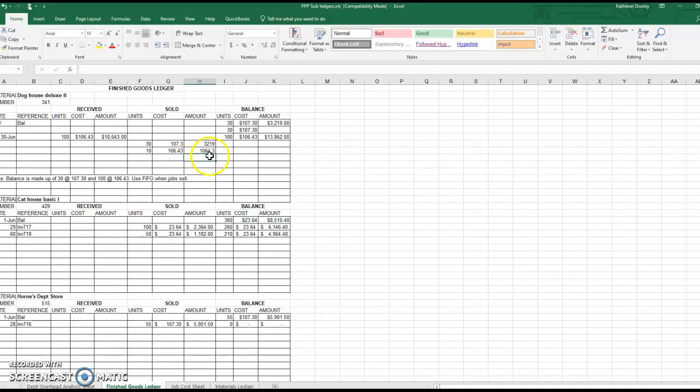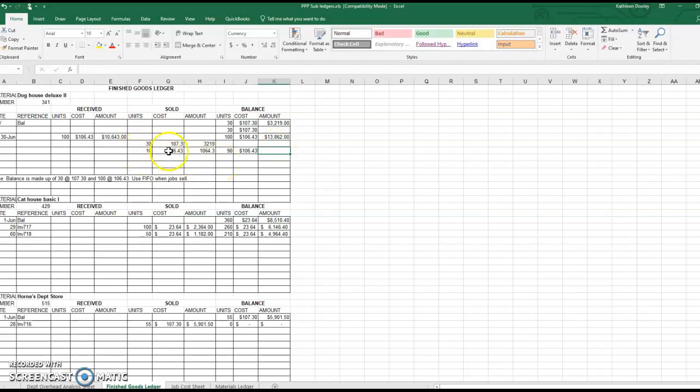At that point, what balance would be left? Well, I've wiped out all 30 of these in FIFO, and I've wiped out 10 of those 100, so I would still have 90 left at 106.43 and whatever that balance is.